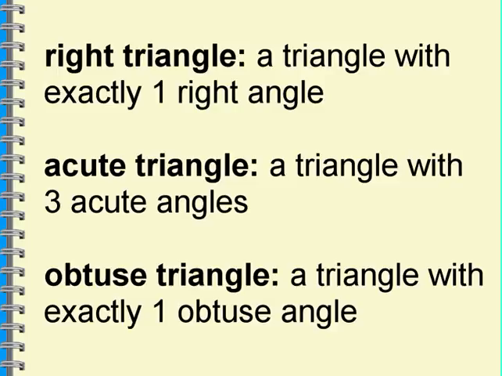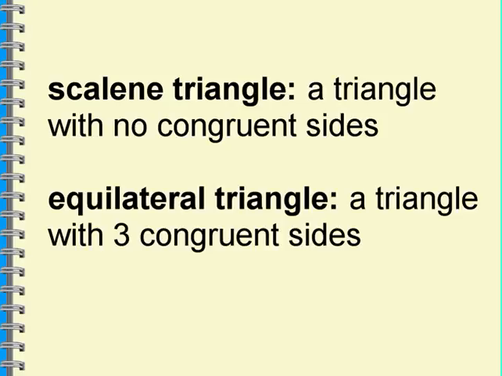Okay, let's go and look at the next slide. A scalene triangle is a triangle with no congruent sides. An equilateral triangle is a triangle with three congruent sides.